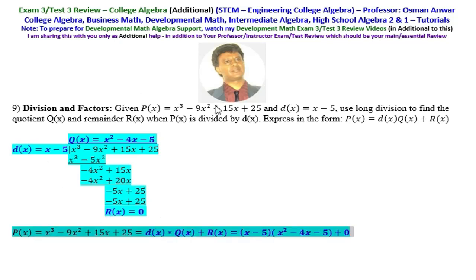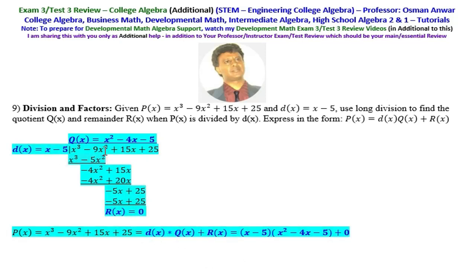So to write this as p of x equals d of x times q of x plus r of x, the polynomial x cubed minus 9x squared plus 15x plus 25 can be written as d of x times q of x plus r of x. D of x is x minus 5.